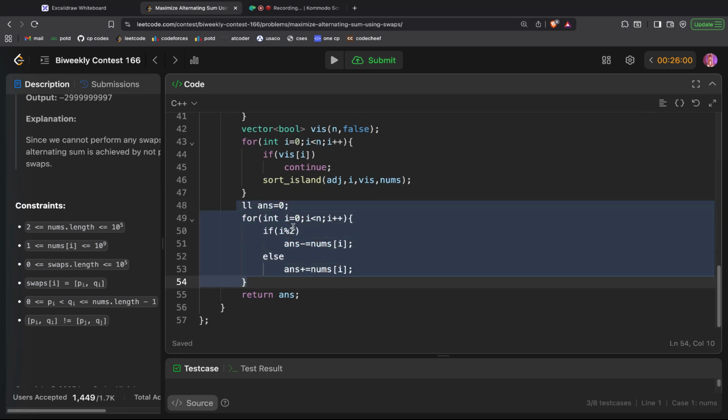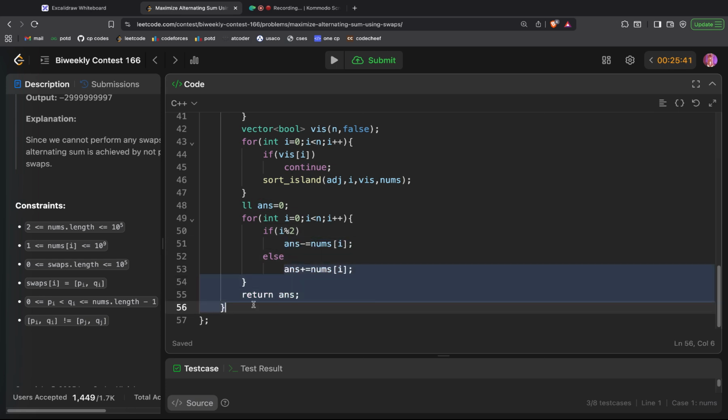So I am using the greedy solution on the island, and in the island, all values can come anywhere. We saw how to solve this. So now we just need to go over nums finally after doing all the swaps, and if it's an even index, add its value, else subtract its value, and you can just simply return this.